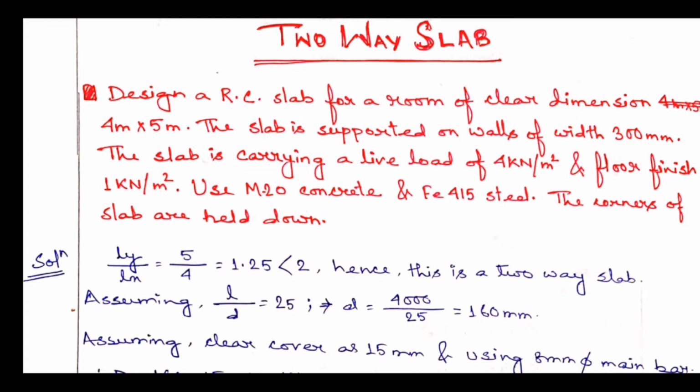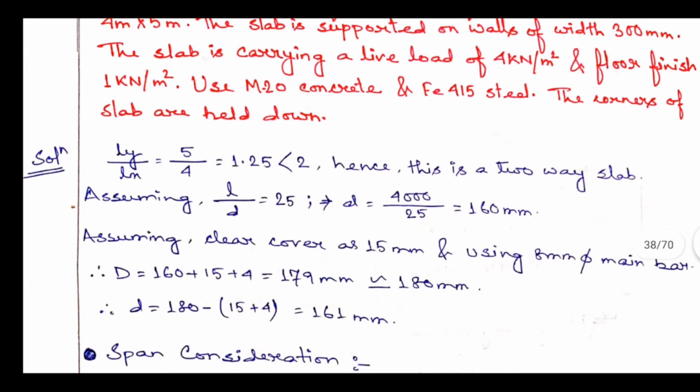Let's assume L by D, length to depth ratio, is 25. From this assumption, small d, effective depth, is 4000 by 25, that is 160 mm. Now assuming clear cover as 15 mm and using 8 mm main bar, the overall depth will be the effective depth as per assumption, that is 160, plus clear cover, that is 15, plus half the diameter of the main reinforcement bar, that is 4.